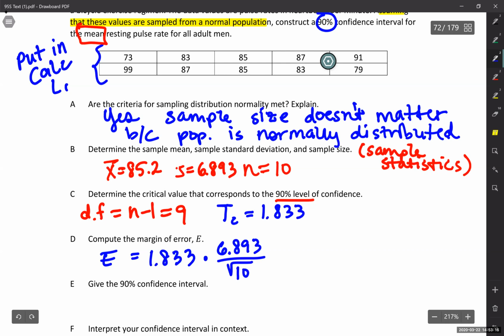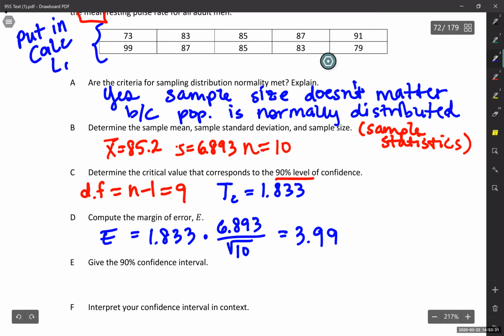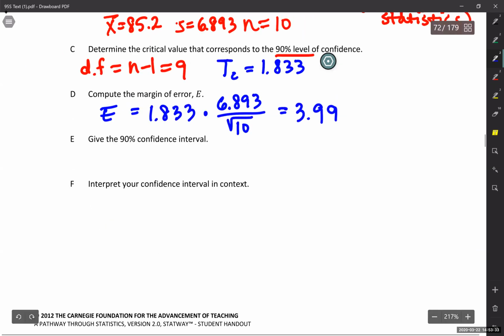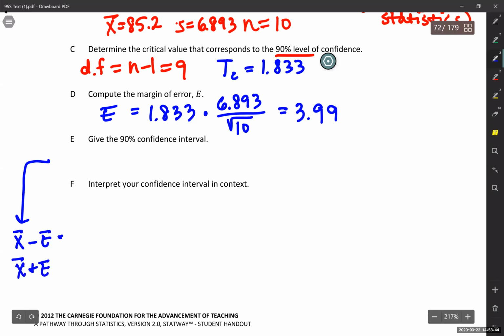We get about 3.99, depending on where you rounded, around 4. And so the confidence interval is going to be our mean minus our error and our mean plus our error.